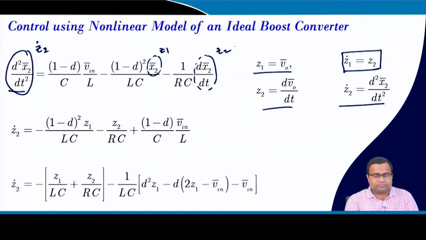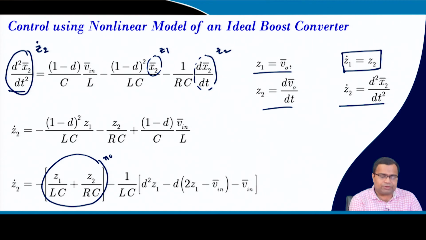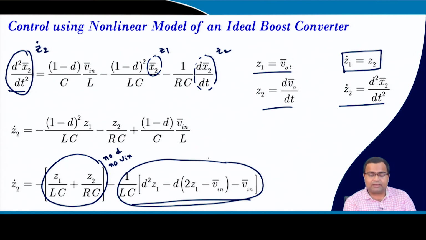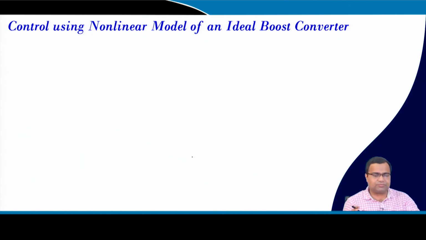Then we can further write to separate the duty ratio term. That means this quantity has no duty ratio, no D, not even Vin. So, we have separated it, because in this term we have to select the duty ratio in such a way that we can eliminate this whole term and replace it with another control variable, which will be a linear function of Z1, Z2.